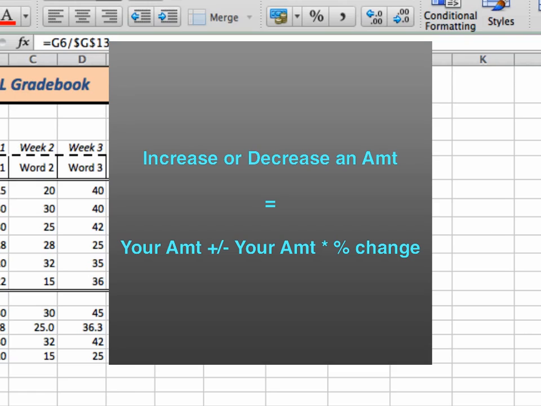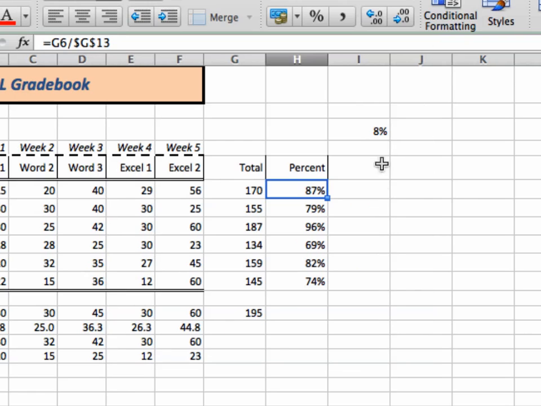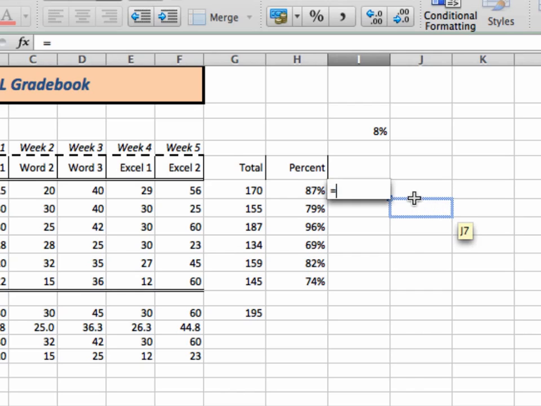In this case, it's 8%. So let's go down to I6, equal the present value, H6, plus the present value, H6 again, times I3, what I want to multiply that increase by. So I have a present value plus a little bit more, 8% more.